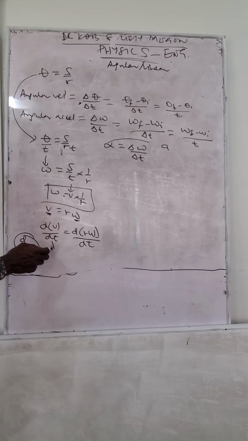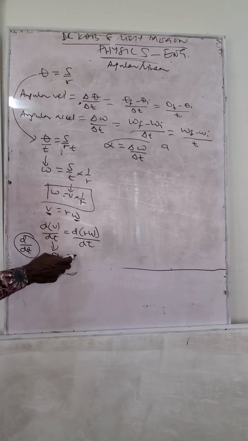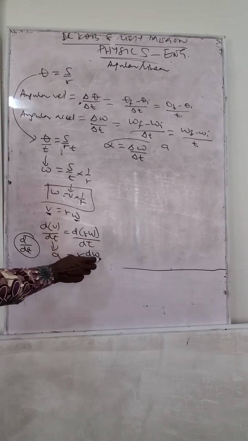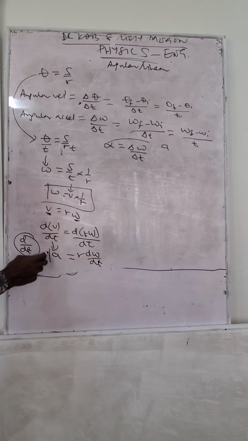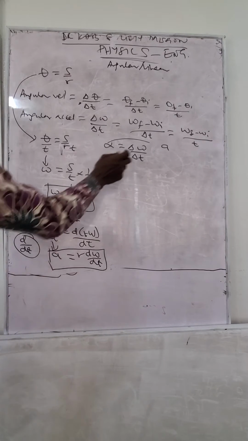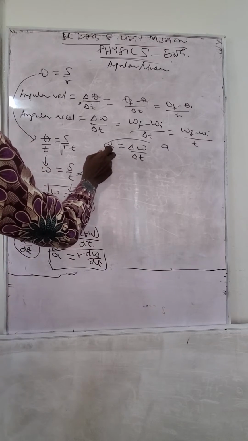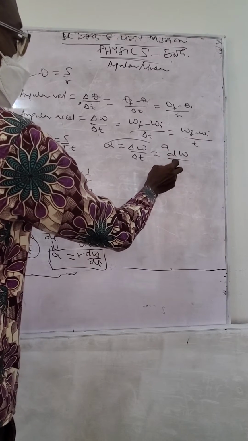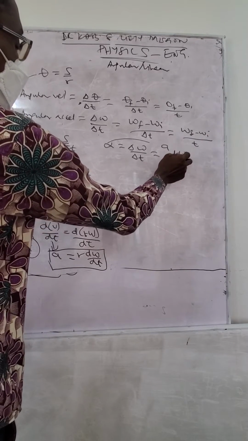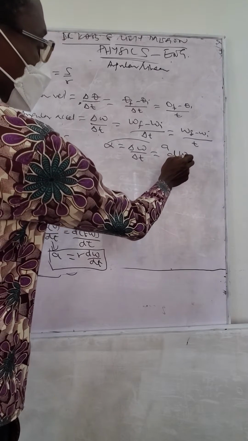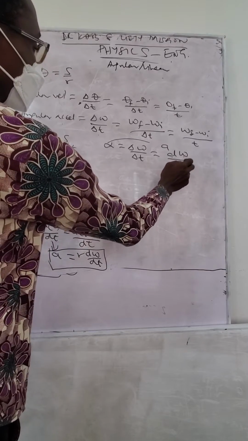dv over dt gives us acceleration, linear acceleration. Okay. r is the radius, it is constant, so it comes out and then you have d omega over dt. So what do we have there? Now, this angular acceleration is the same as the differentiation of angular velocity over t.